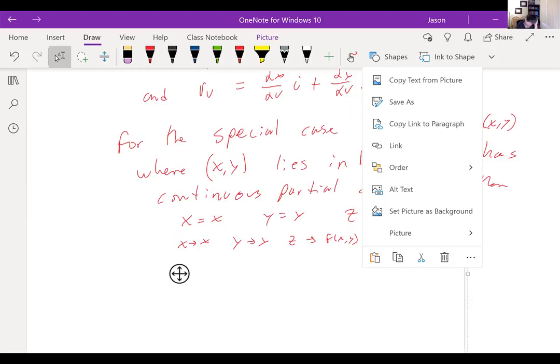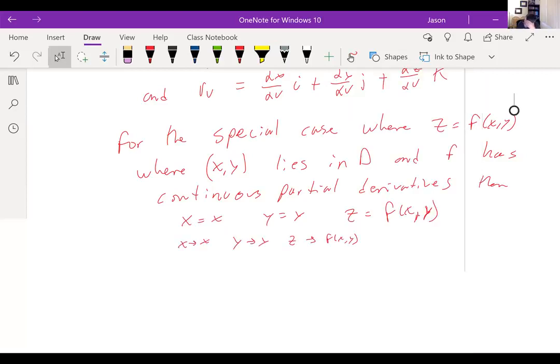It's getting a little confusing in a way, but what if I did it like this? Let x be u, let y be v, and let z be in terms of u and v. Then we can kind of make sense of this, I'm thinking.